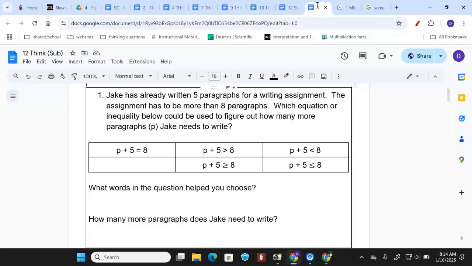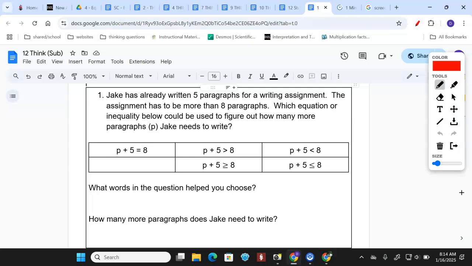Again, the first way I want to think about it is, would I model that situation with an equation? There's only one possibility. Or with an inequality, there are 4 possibilities: greater than, less than, greater than or equal to, less than or equal to. As I look at this, Jake has already written 5 paragraphs, and the assignment has to be more than 8 paragraphs.